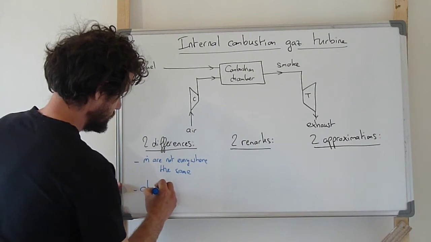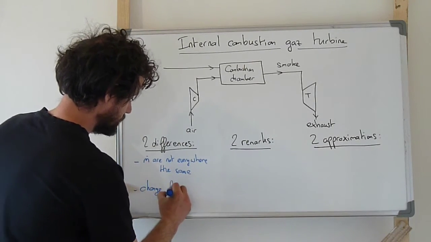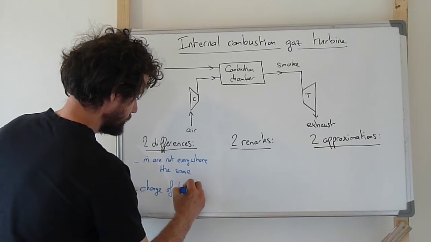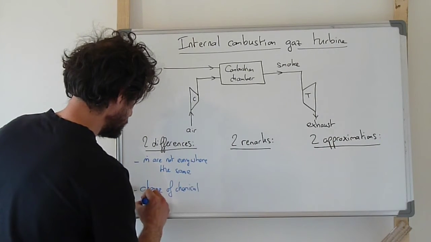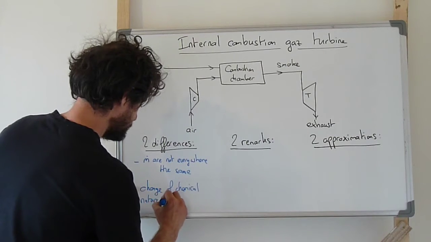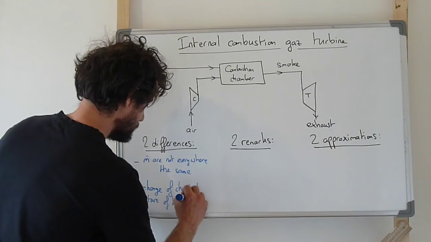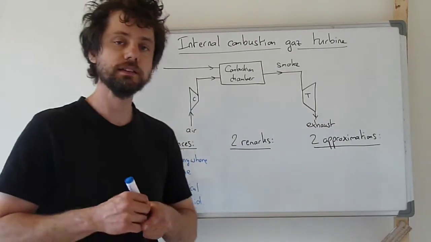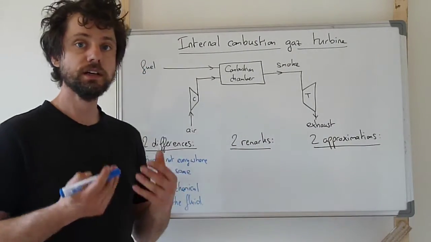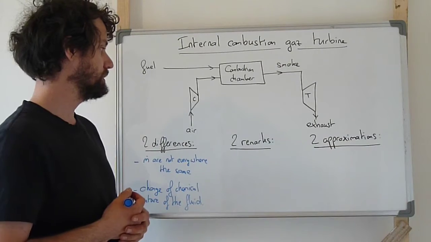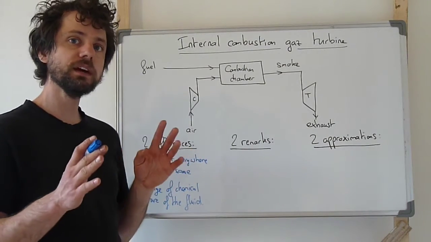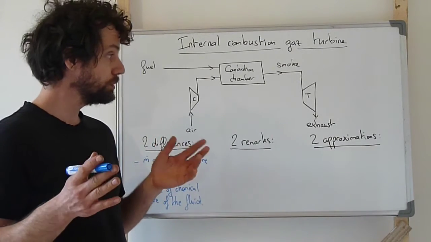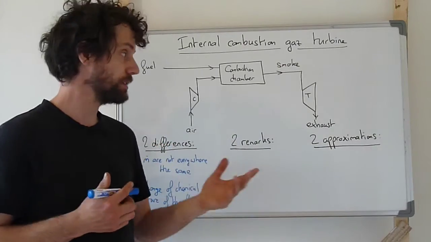So there's a change of chemical nature of the fluid. So the question is, what does it change for the thermodynamic analysis? Here we can do two remarks before going further.